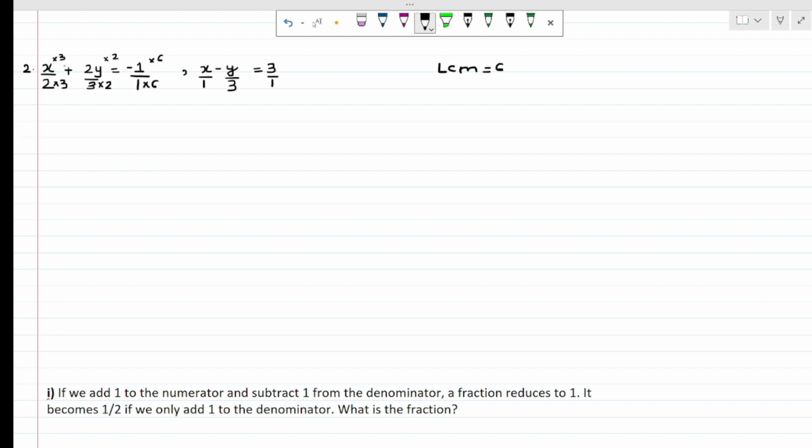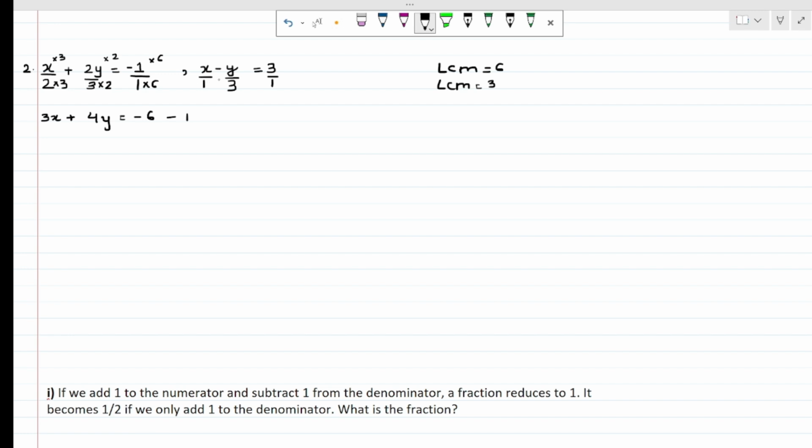So, what will be my new equation? 3 times x gives me 3x plus 2 twos are 4y is equals to negative 6 times 1 gives me negative 6. So, this becomes my first equation. Now, solving this, for this case, my LCM will become 3.